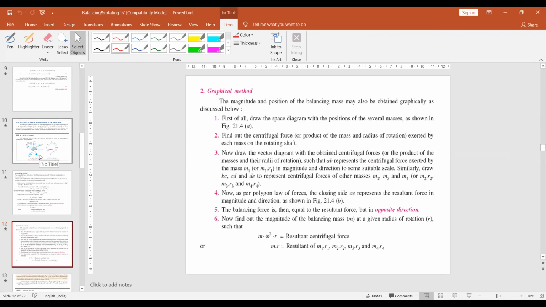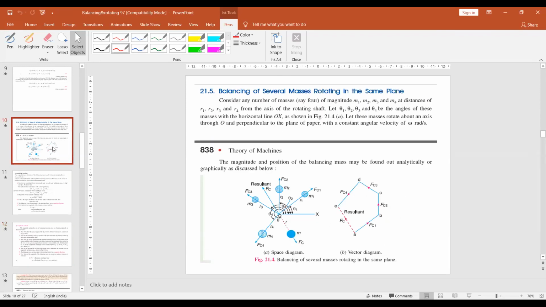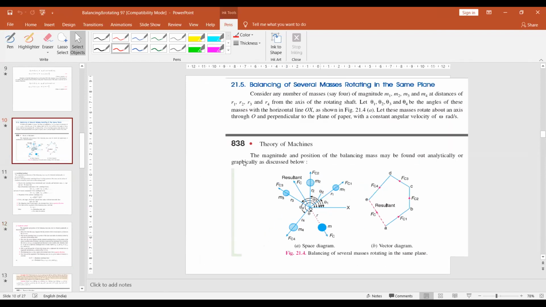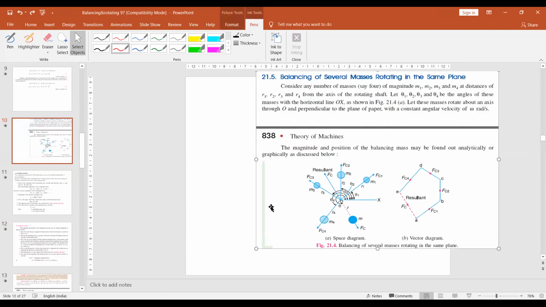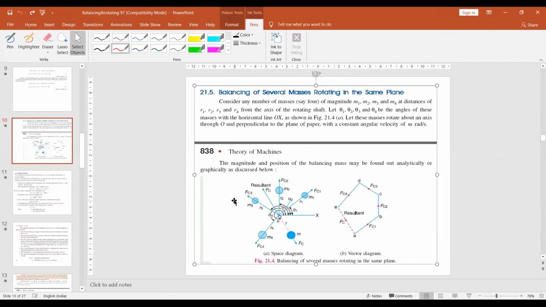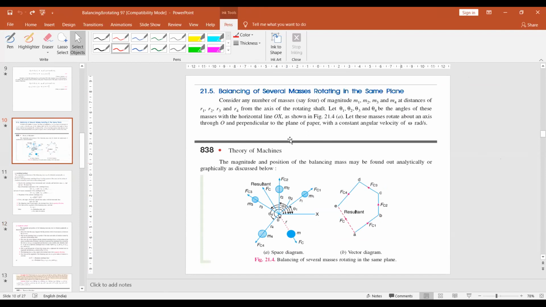Observe this vector diagram and all of you observe their directions.